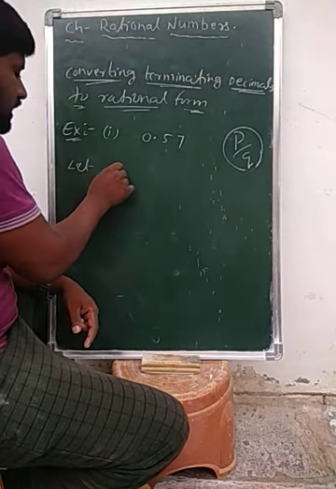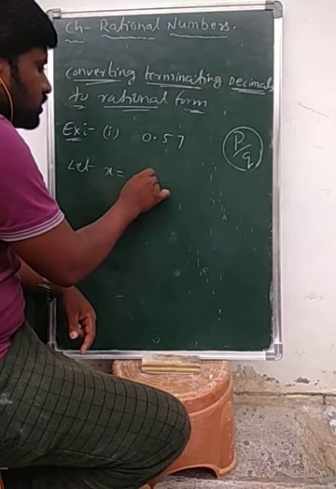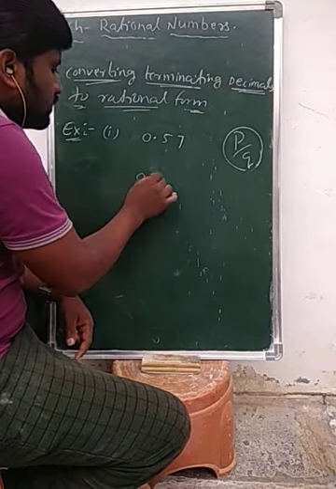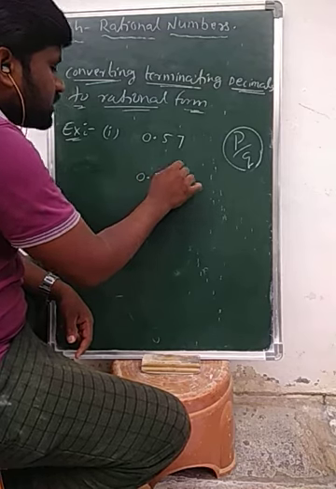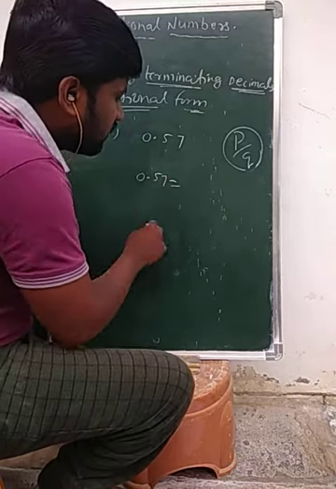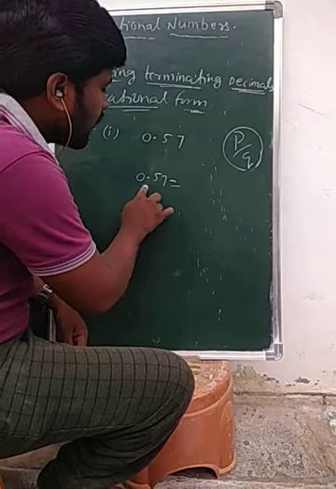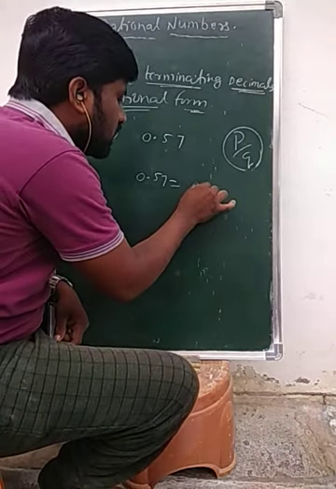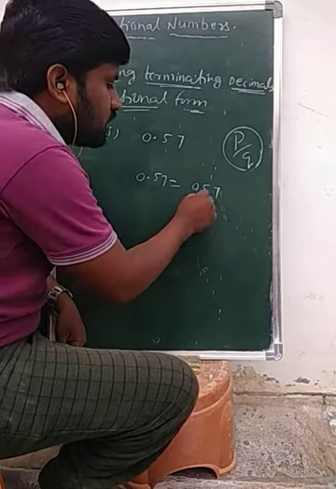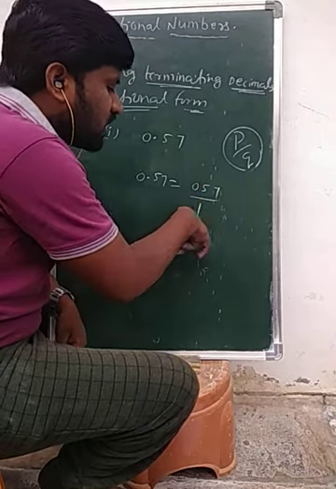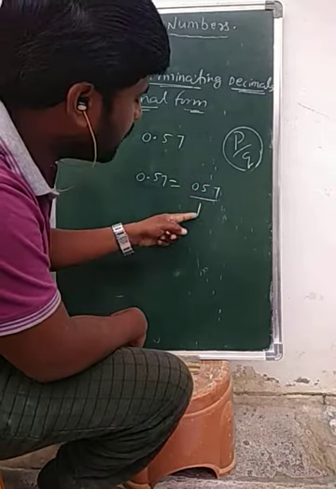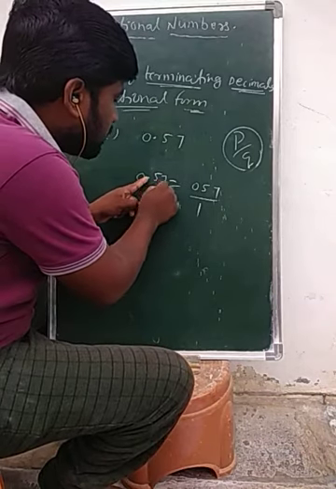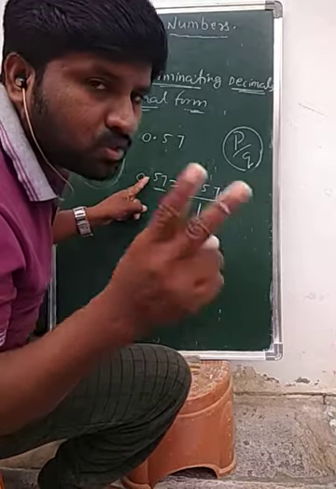Let x equal 0.57. We can write 0.57 as, first of all without the point, you just write the digits 0, 5, 7, by 1. Denominator take it as 1. On the right side of the point, how many decimal places are there? There are 2 decimal places.